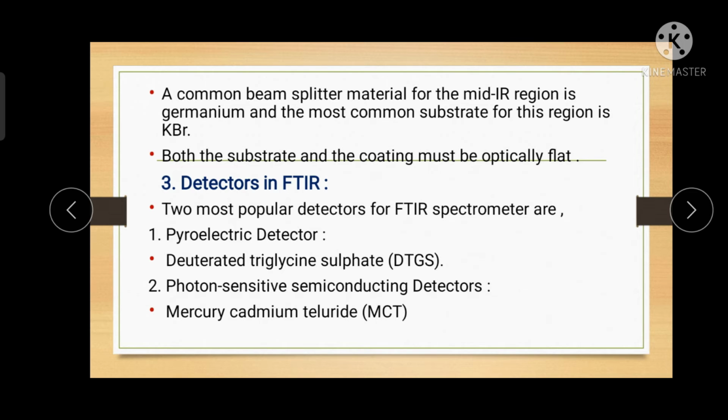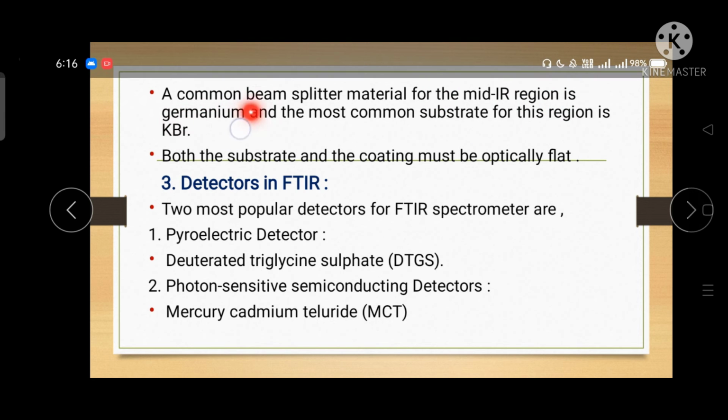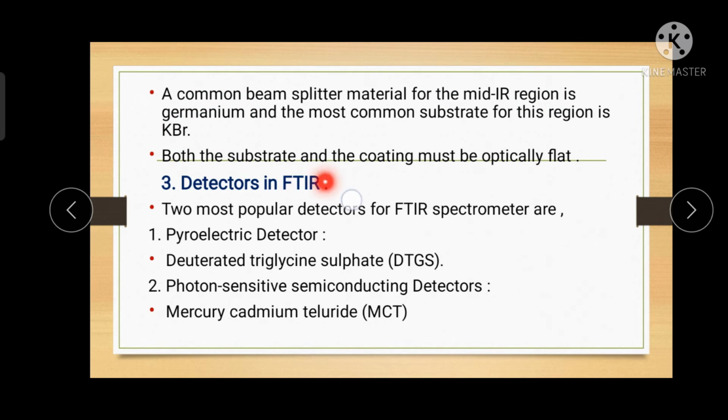The substrate material generally used for FTIR spectroscopy is KBr, potassium bromide, and the beam splitter material which is very good for the mid-infrared region is germanium. Both the substrate and the coating must be optically flat. That means these two materials, germanium and the KBr substrate, must be optically flat. So this is the condition for these two materials.